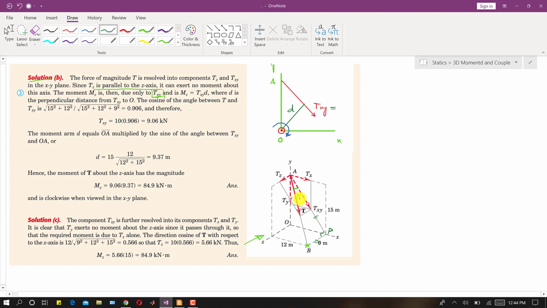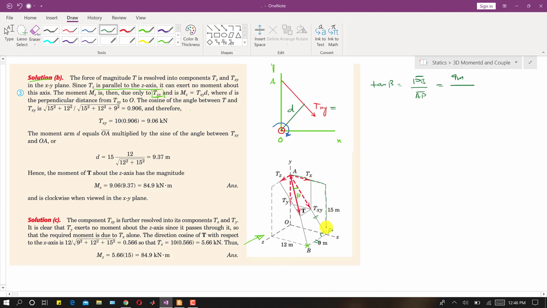So if T is the hypotenuse, this is the perpendicular, this is the base, and this is beta. To find beta, tan beta will be equal to the perpendicular over the base. The perpendicular is PB, which is equal to 9 meters, and the base is AP. We can find the length of AP from this triangle.